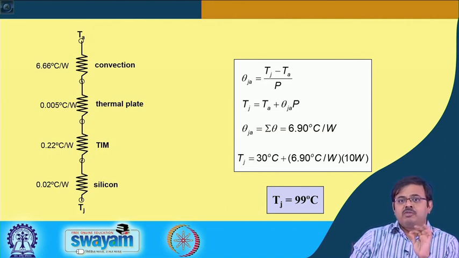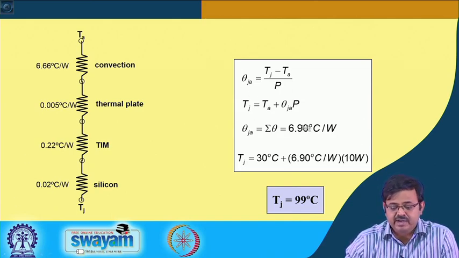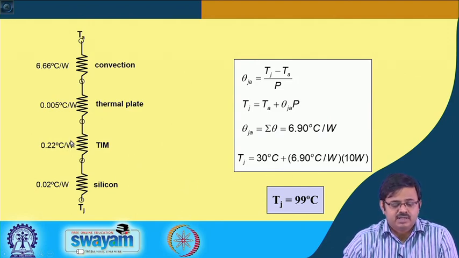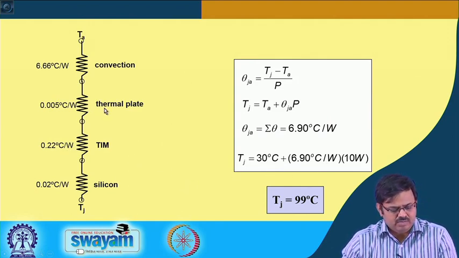Clear? So, therefore, what do I need to do? I need to reduce this thermal resistance and bring down the 6.9 to around half, such that this calculation, the 6.9 has to be adjusted so that this does not exceed 100 degrees. How do I do that? I have to look into this and see that, you know what, thermal plate is also already very low, silicon is already very low.